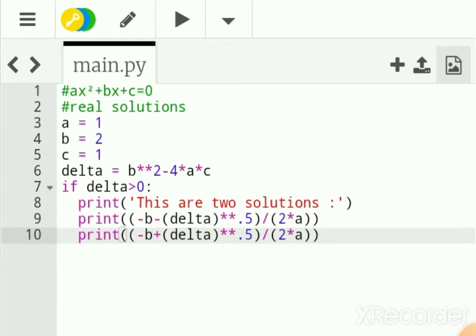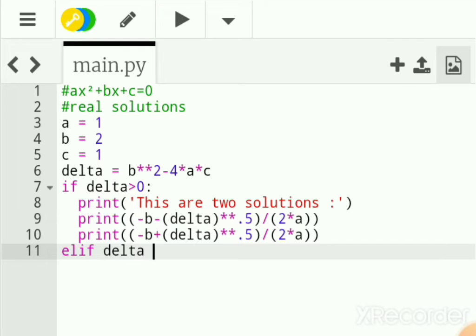So this is the first condition. For the second condition, we don't repeat if, we write elif, which is else if, which means another if. So elif delta is equal, and remember, we don't just write one equal symbol, no, two.